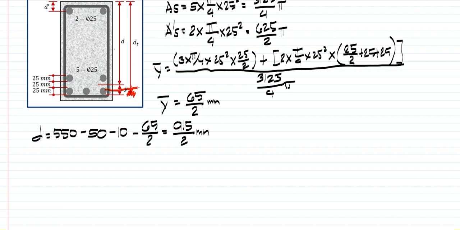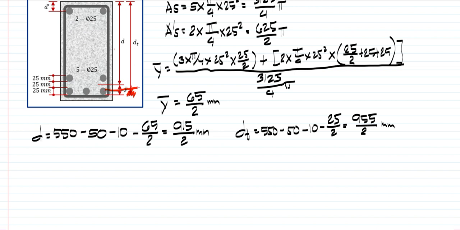Sa gitna ng farthest reinforcement. And that is DT. So, to get DT, we just have, that is 550 lang, minus 50, minus 10, minus 25 over 2, which is yung kanina nating value na 955 over 2 mm.